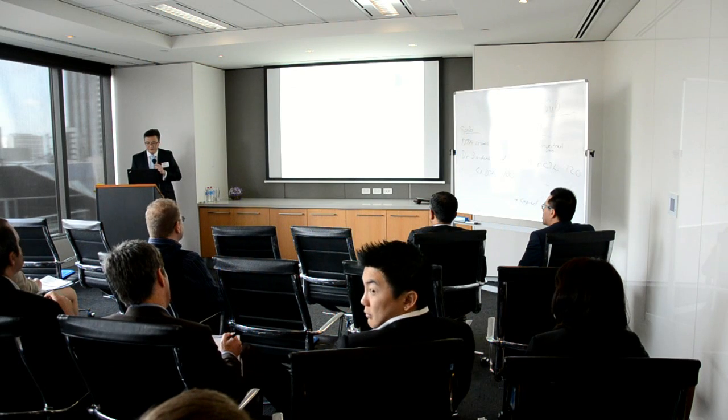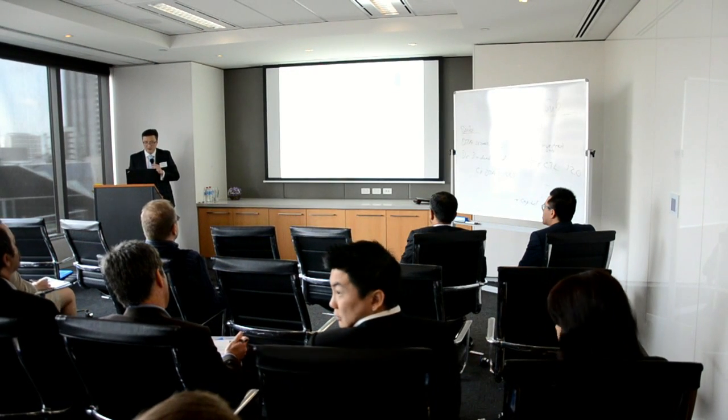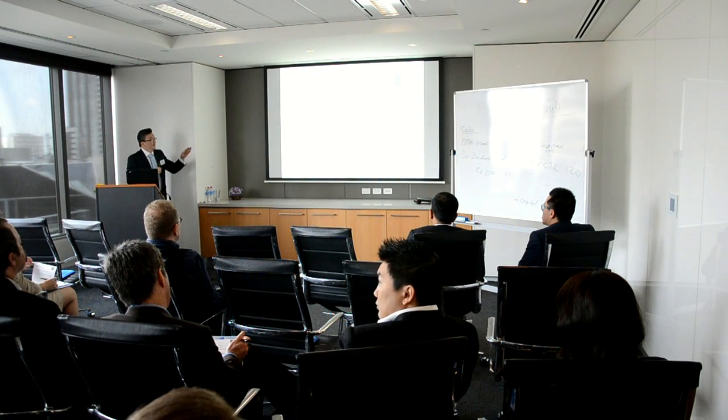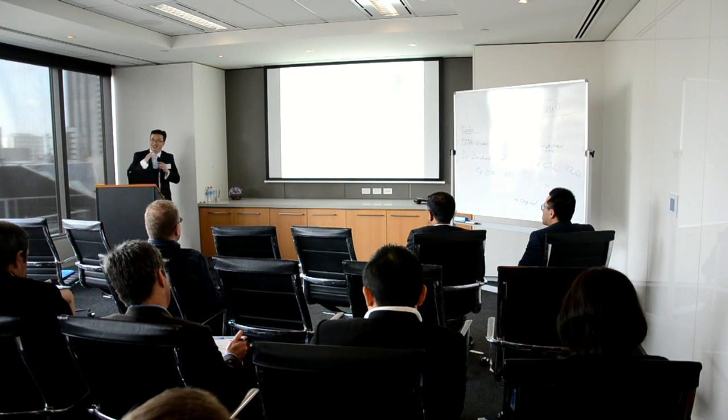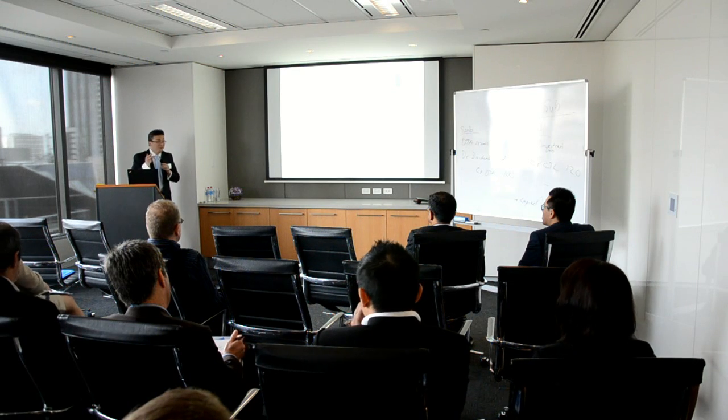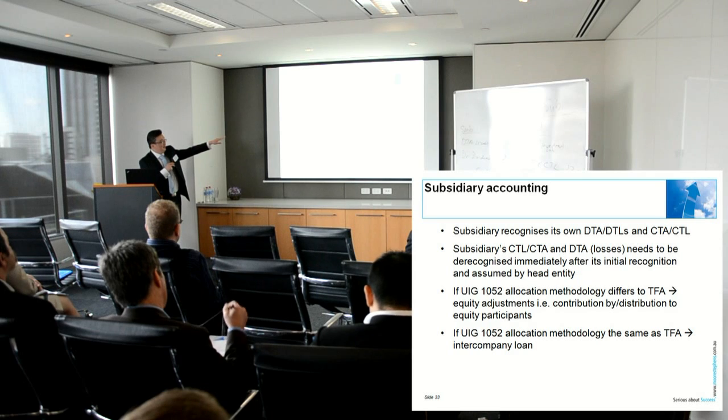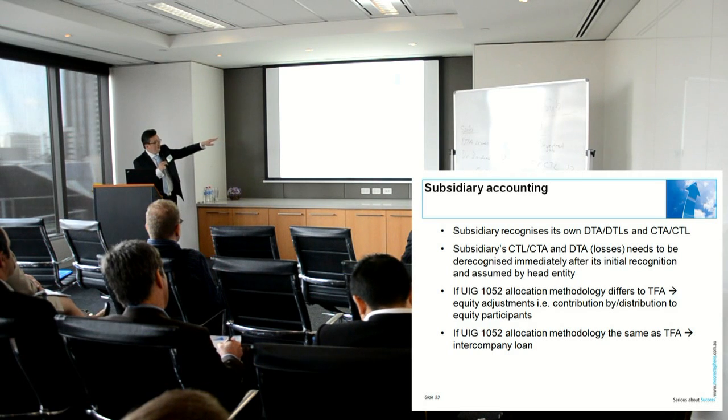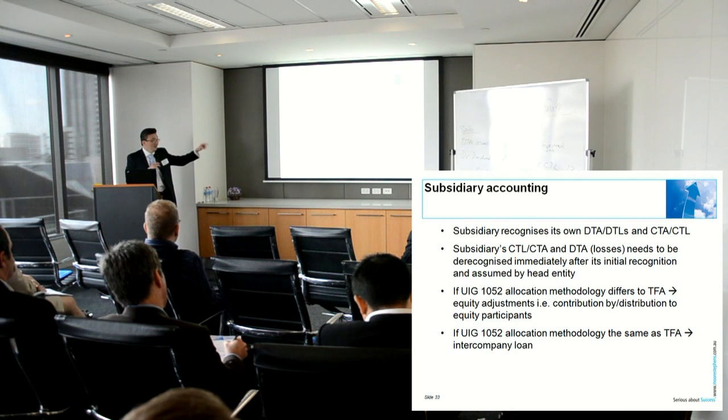As I said, the subsidiary recognizes everything: DTAs, DTLs, CTLs. The CTLs, the current tax liabilities, and deferred tax of losses need to be de-recognized immediately because they are assumed by the head company.